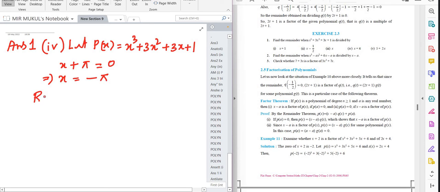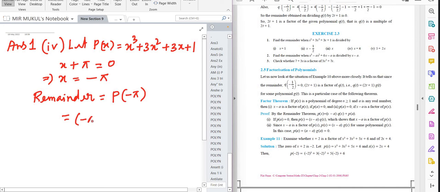So remainder equals P(minus pi). So in place of x, if we put minus pi, so minus pi cube plus 3 into minus pi square plus 3 into minus pi plus 1.